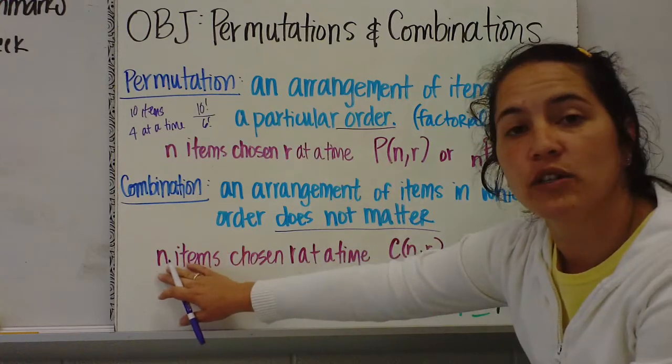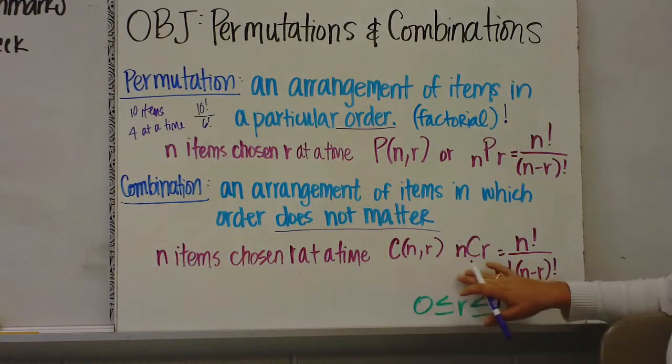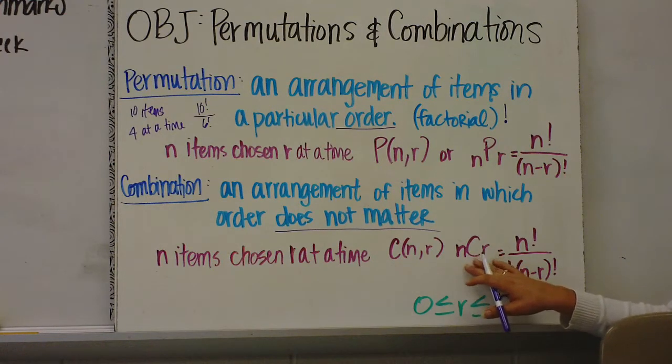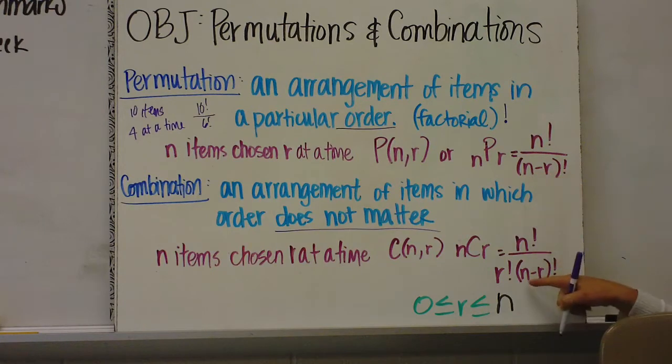So n number of items chosen r at a time is going to be nCr. Combination: n factorial over n minus r factorial, except you put r factorial in the denominator as well. What this does is significantly decrease the number of options we have because order doesn't matter.